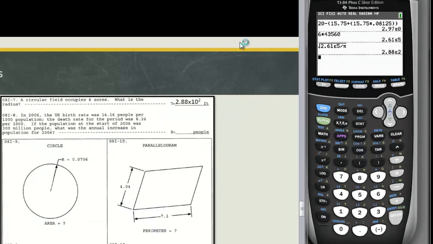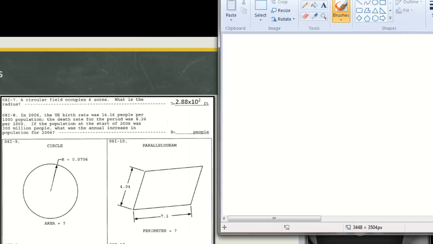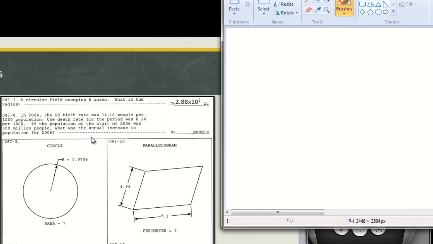On number 8, we're talking about more or less proportions here. So the birth rate was 14.16 for every 1,000 people.